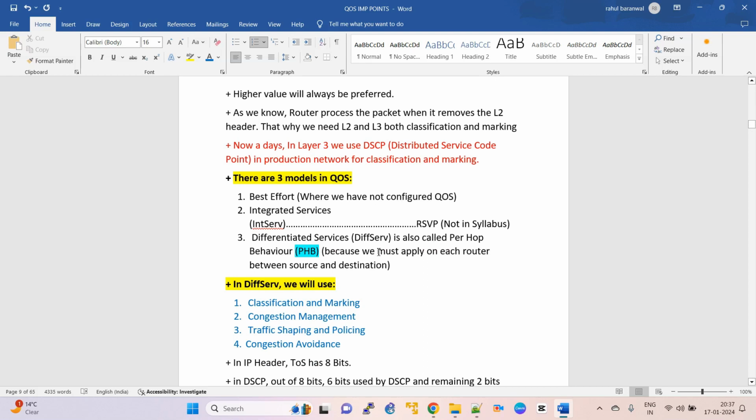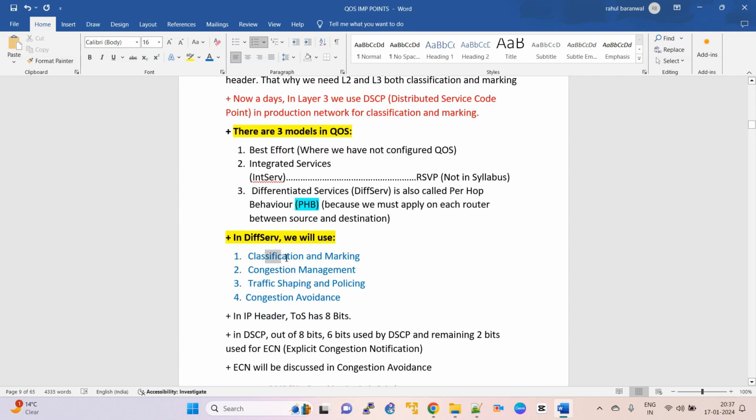We apply this classification and marking on each router between source and destination. In DiffServ we will use classification and marking, congestion management, traffic shaping and policing, and congestion avoidance. Right now we are discussing classification and marking, and the other three topics will be covered later, right?